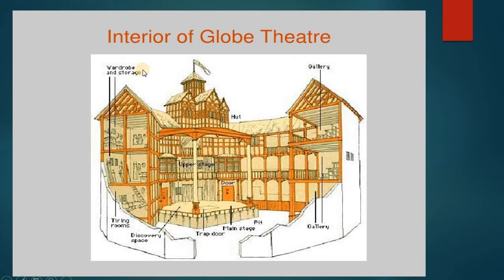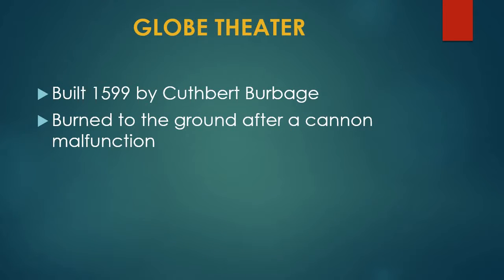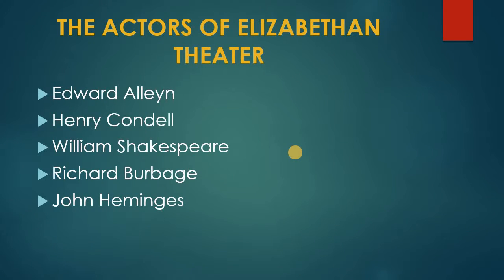The Globe Theatre was built in 1599 by Cuthbert Burbage and burned to the ground after a cannon malfunction.